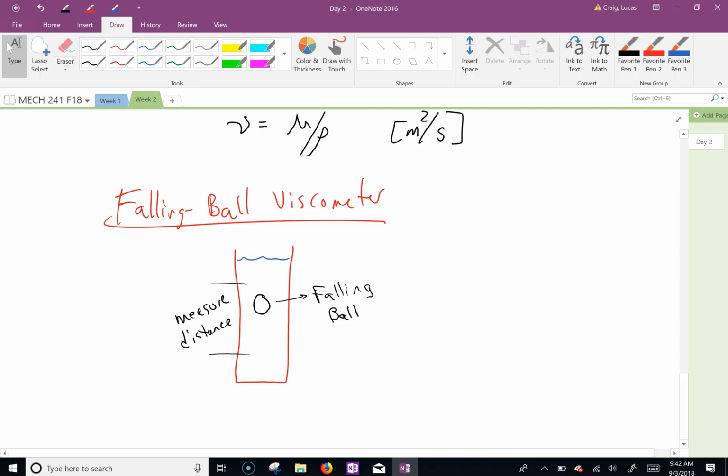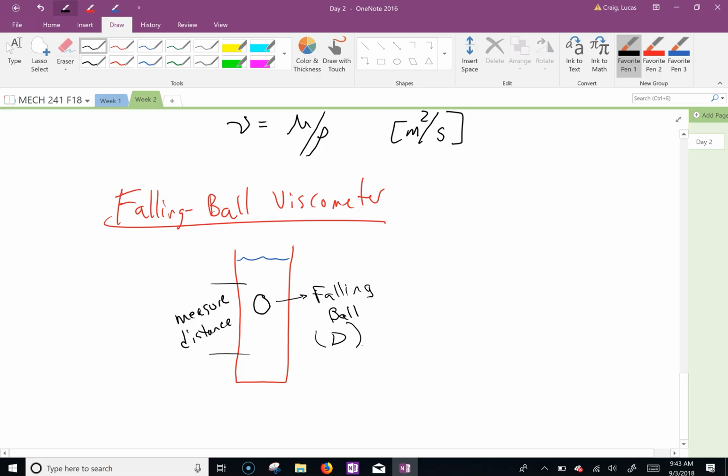We can use the distance that we've marked and measure the time, how long it takes. We can then find the velocity that's moving it. Would the density of the ball affect that as well? Yes, I'm going to show you that. So we can use that.